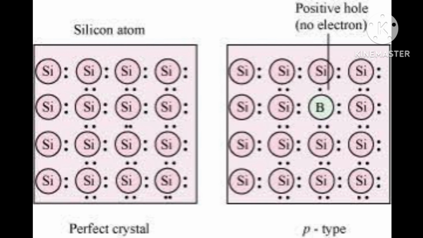Now you should know. If you are knowing, then okay. If you are not knowing, then you should know. If these silicons or germaniums or gallium are not available, I already discussed many examples, like aluminum, gallium, boron, germanium, silicon.